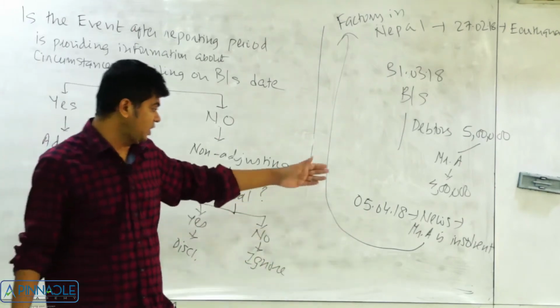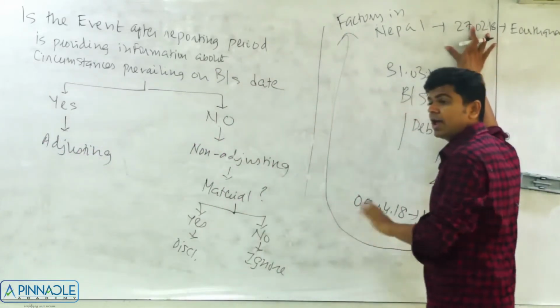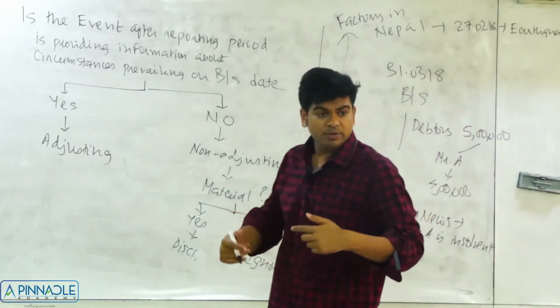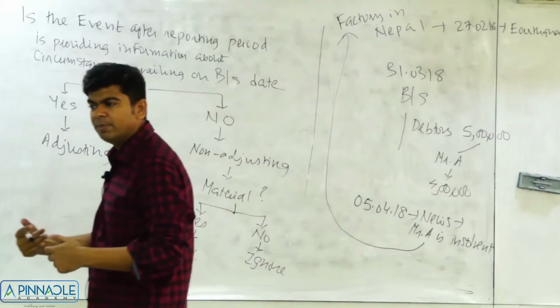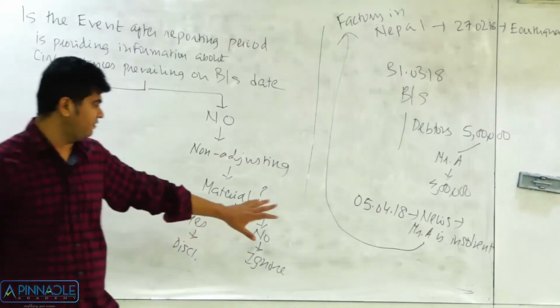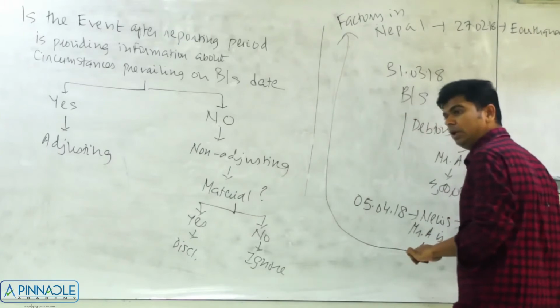But what happened is, one of our clients had a factory in Nepal, and that factory got absolutely destroyed because of this earthquake. So Mr. A must have definitely tried his level best to recover the loss, but ultimately he failed to do so. And finally on 5th April 18, he declared himself to be insolvent.